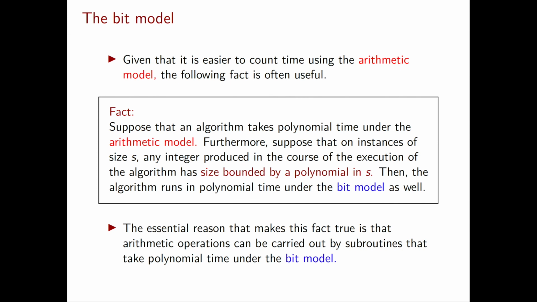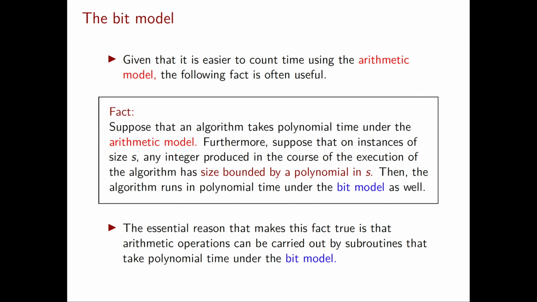This fact is extremely useful to show that an algorithm is polynomial time under the bit model. In fact, you then have to show two separate things. First, that it is polynomial time under the arithmetic model, which is an easier task, and then you need to look separately at the size of the numbers that appear throughout the execution of the algorithm.